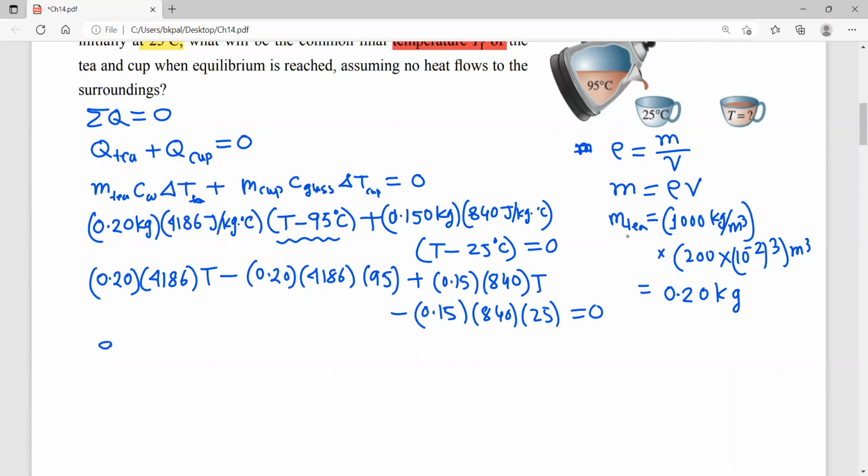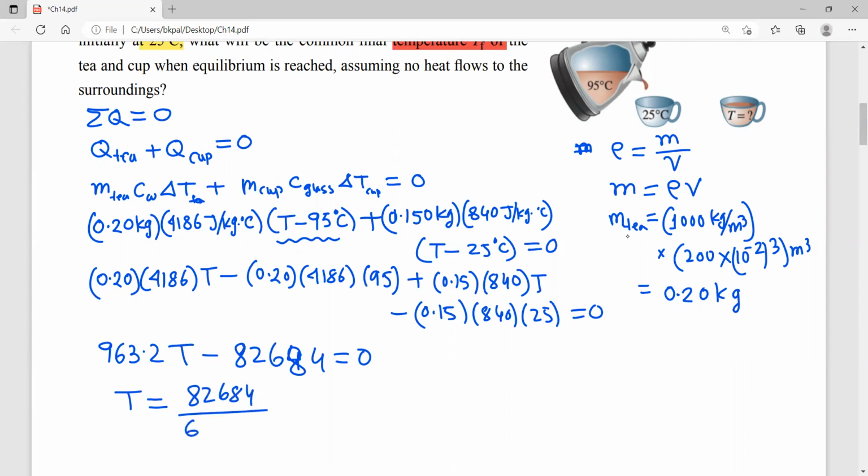I got something like this, 963.2 T minus 82684, and that is equal to 0. So T is equal to 82684 divided by 963.2, and that is equal to 86 degrees Celsius.